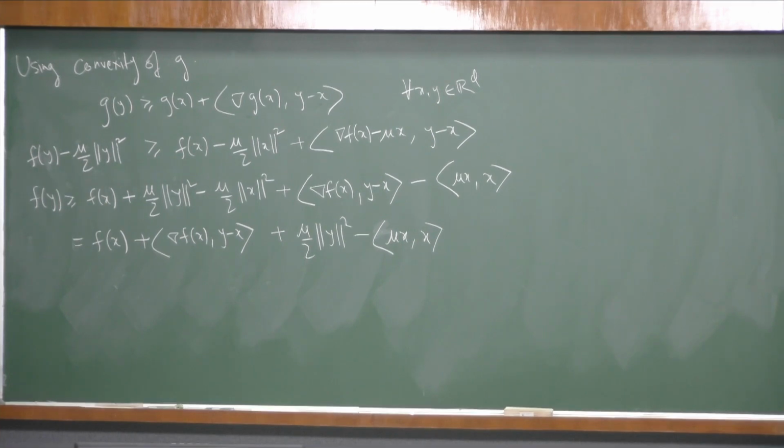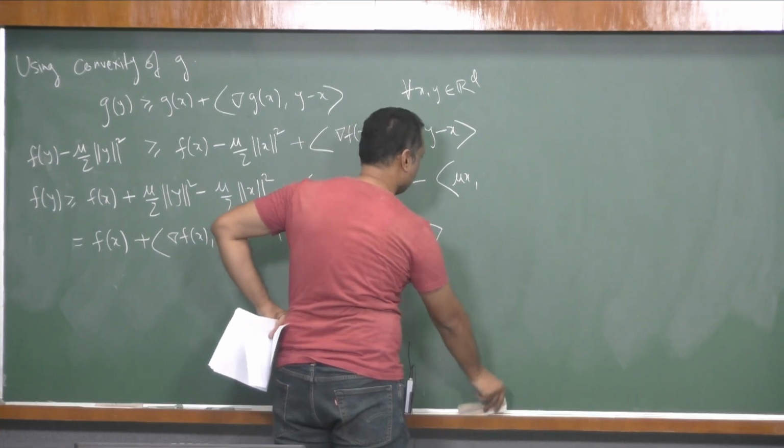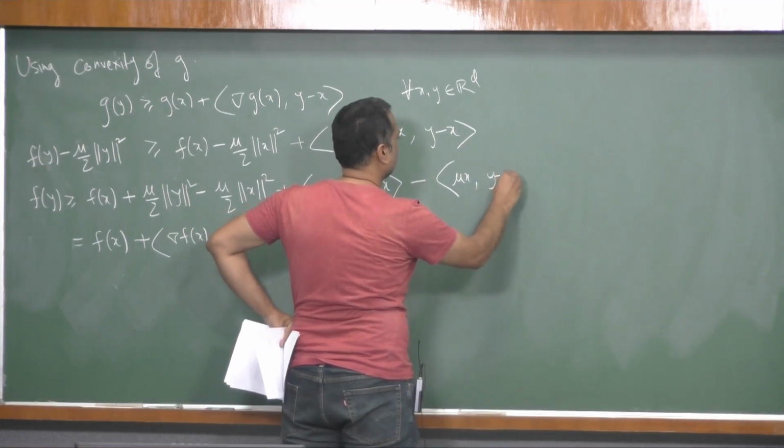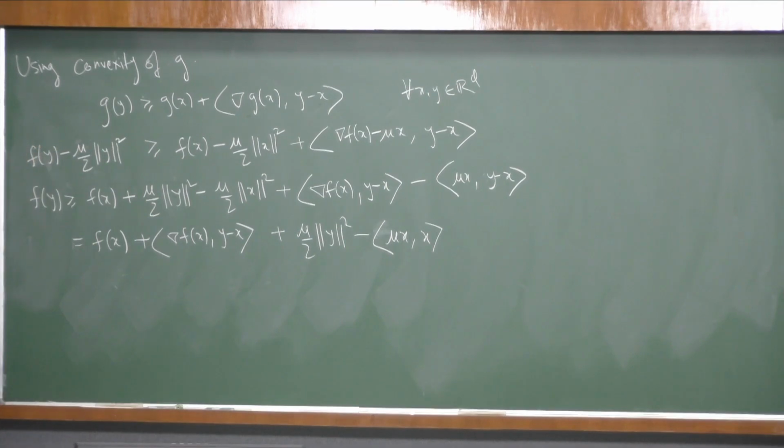It can be of the 2ab form, because there is a y minus x. Oh, there seems to be a mistake I have made. The mu x should not go with just x, right? It should go with y minus x. The inner product is linear in only one of the arguments, right? Okay, so mu x, y minus x.